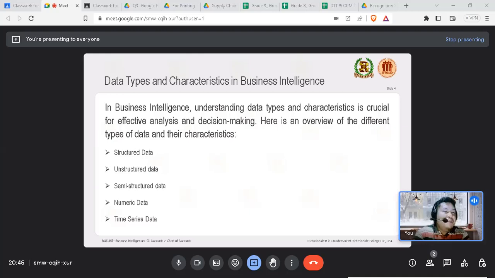Sales data, tracking sales figures over time, allows businesses to analyze seasonality, identify sales trends, and forecast future sales.